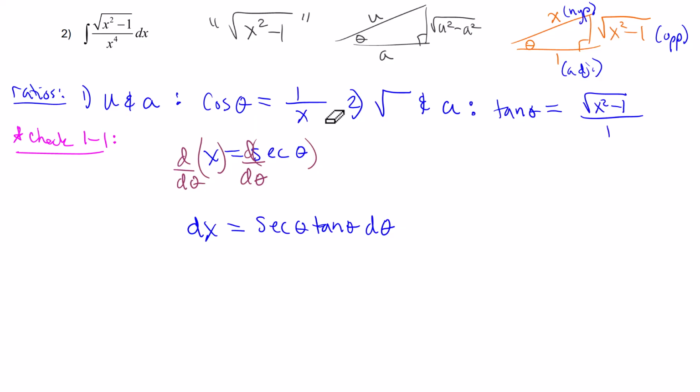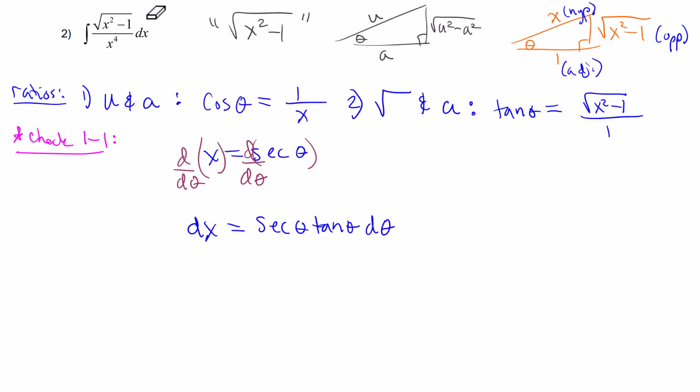So what matters here? If you take a look at these two functions, we have cosine theta, but now that's been turned into a secant theta. We have this 1 over x, which means it involves x. If you go back to the original function, the x in the numerator was inside this root, that is square root of x squared minus 1.